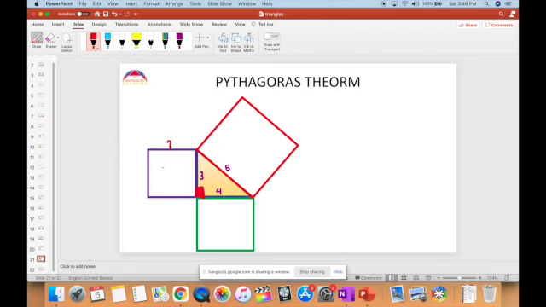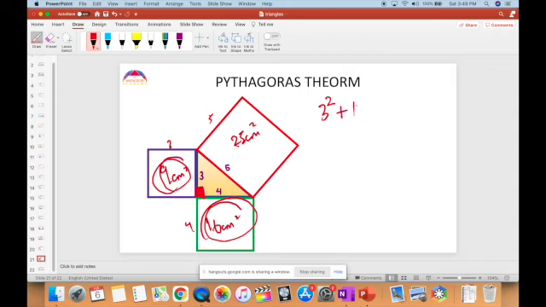So 3 3s are 9 centimeters squared, 4 4s are 16, 5 5s are 25. What Pythagoras found is that if you added the first two, you would actually get the hypotenuse's square. Not 16 squared, sorry, 4 squared.